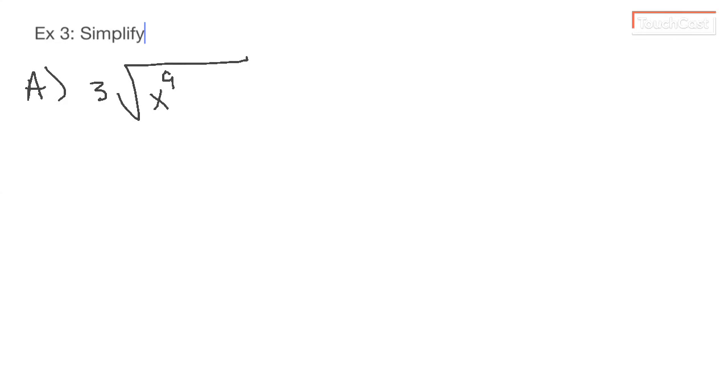Now let's look at one final example where again we're going to just simplify, but this time instead of having numbers, we're going to have variables in our problem. In the first one, we're going to have the cube root of x to the 9th times y to the 3rd.